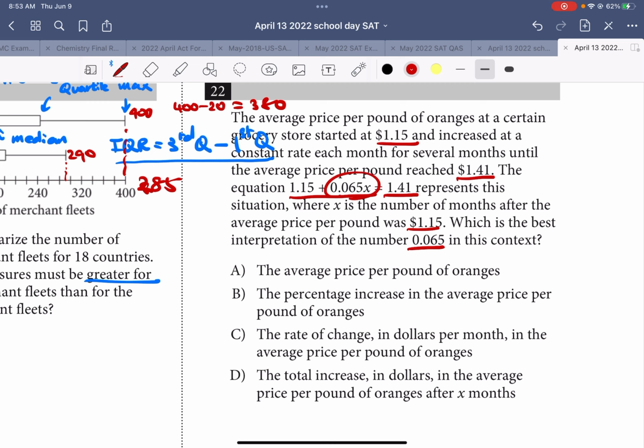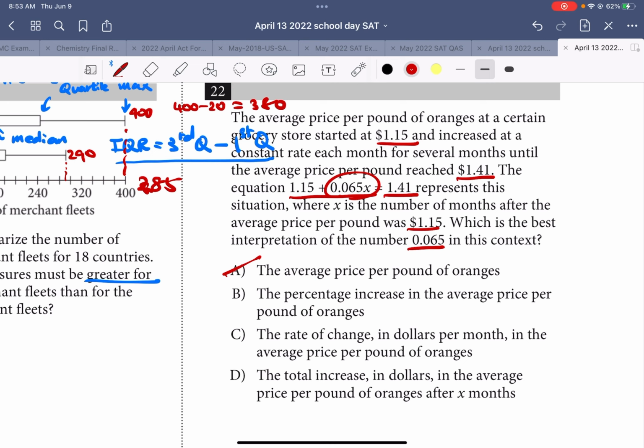So this one is a percent increase, months, right? So let's see. Average price per pound. No, that's not average. Percent increase.